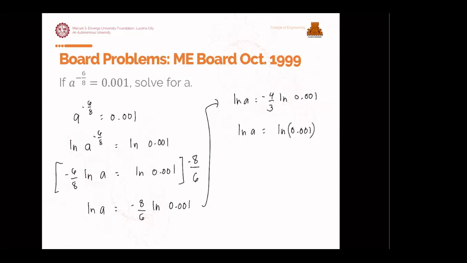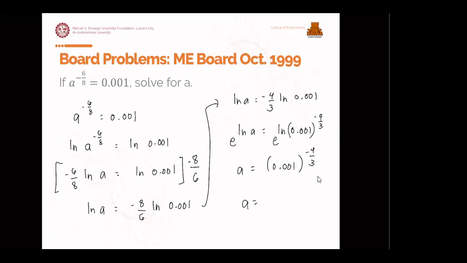Then para ma-simplify ito, we can raise both sides sa E. Ngayon, E raised to ln of A is equals to 0.001 raised to negative 4/3. Okay? And kapag kinalculate natin sa calcu yan, ano yung makukuha natin?